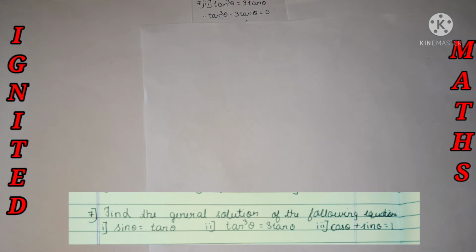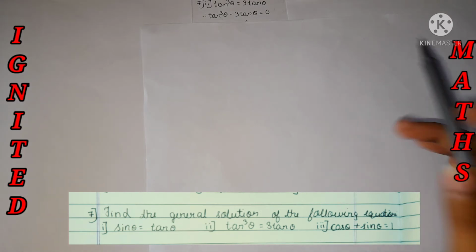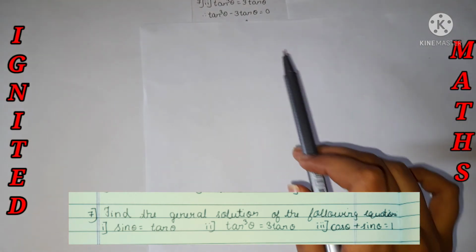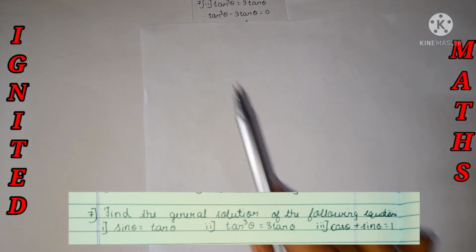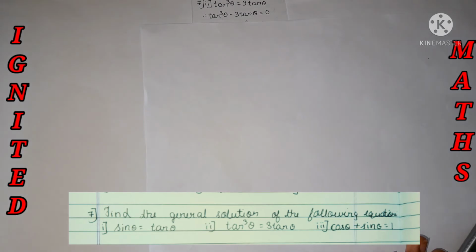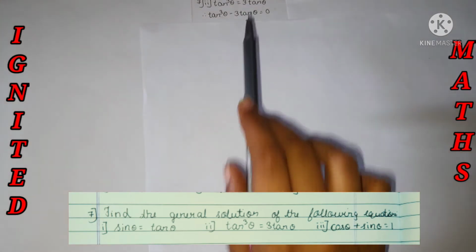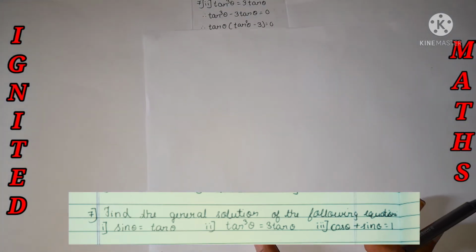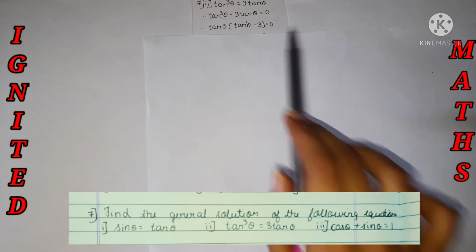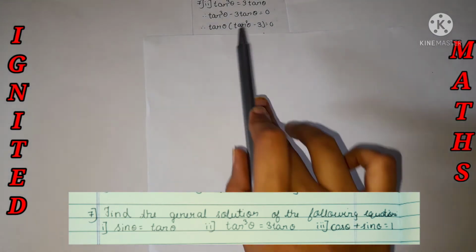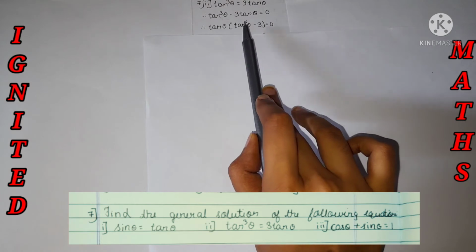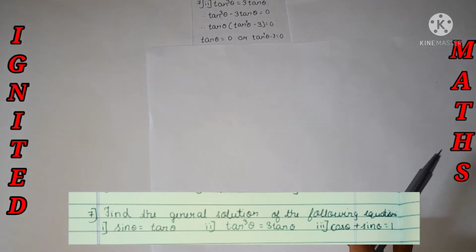So the thing is, we need to take everything to the LHS, otherwise the RHS, and we can find the solution. So I took each and every term to the left hand side. It's tan cube theta minus 3 tan theta, in which over here tan theta is common. So tan theta times tan square theta minus 3, and we can find the value as tan theta is equal to 0 and tan square theta minus 3 is equal to 0.